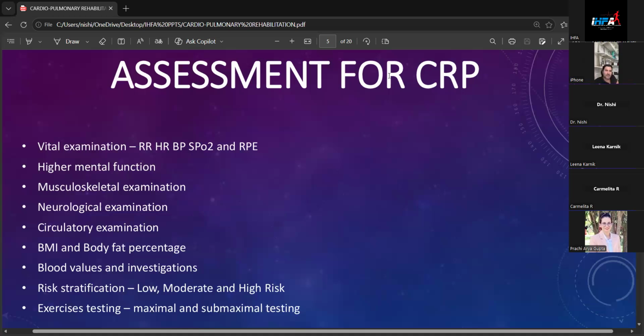Great. Now we'll go to pulmonary conditions. What is COPD, first of all? Chronic obstructive pulmonary disease. Can you please elaborate on that? Whoever knows, please elaborate so that everyone can brush up their knowledge, and then we can go ahead to the rehabilitation part.